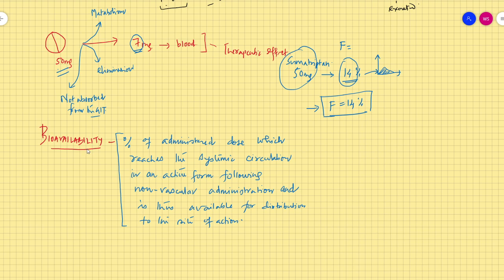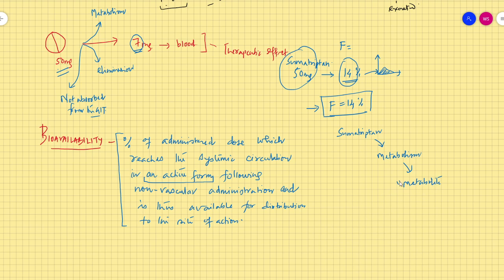Okay, and that is the definition of bioavailability. It is the percentage of administered dose which reaches the systemic circulation in an active form following non-vascular administration and is thus available for distribution to the site of action. What do we mean by in an active form? So sumatriptan, we said, undergoes metabolism to form the metabolite.